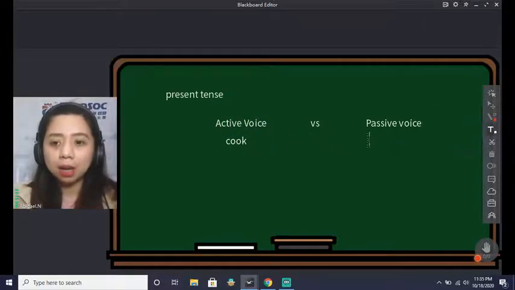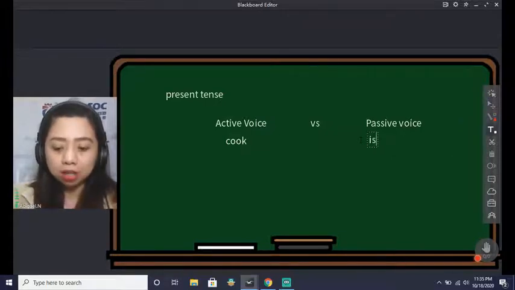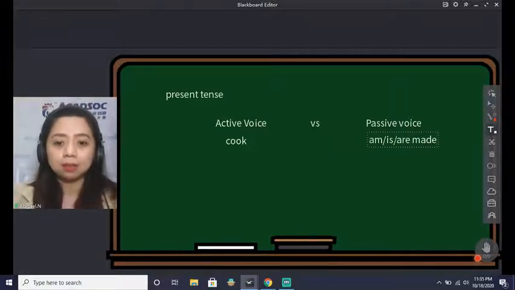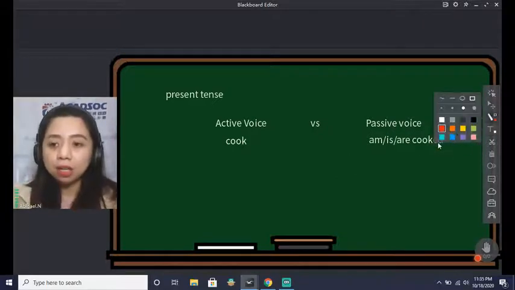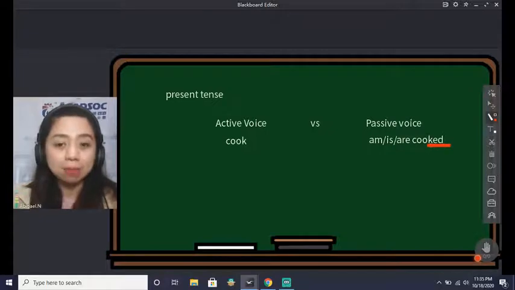And then in passive voice, of course, we can use am, is, are, and then cooked. Please don't mind it, okay? This is really the pattern that you have to use in passive voice. Well, the present tense is really these verbs, am, is, are. We just really have to add this verb here. Okay, let me think of a sentence.